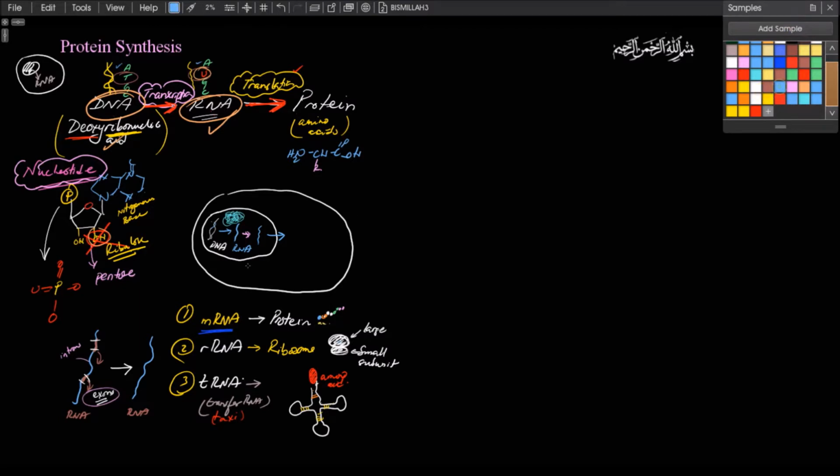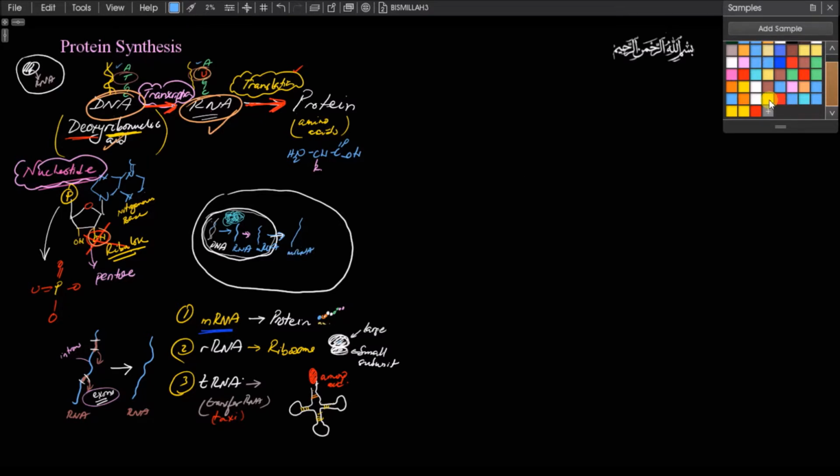So in this particular diagram, we'll assume that we're dealing with the messenger RNA. Once the messenger RNA forms, it will leave through the nuclear pore. The nucleus, if you recall, is a double membrane like this, and it will go into the cytoplasm over here. So that's the messenger RNA now in the cytoplasm.